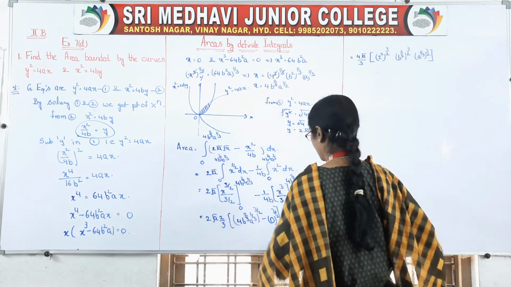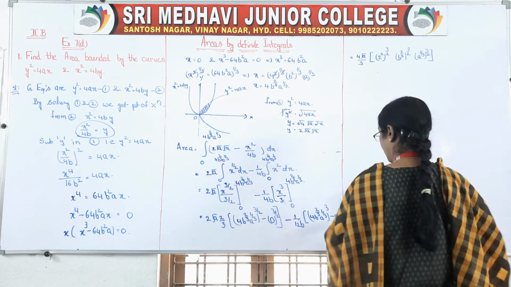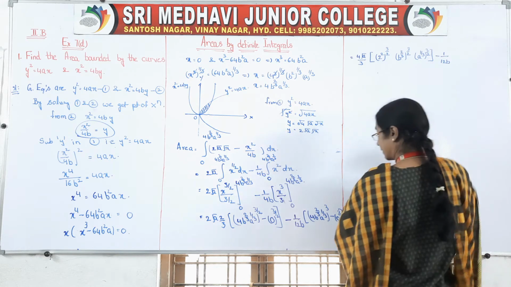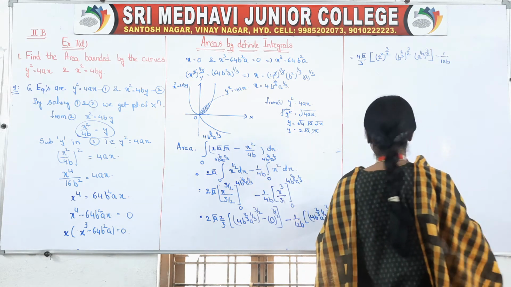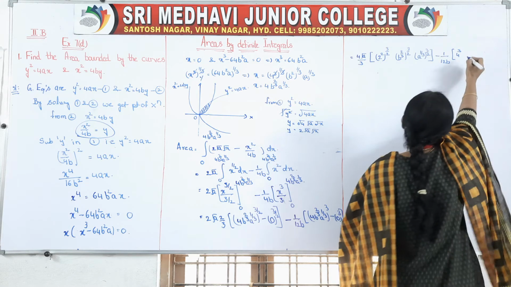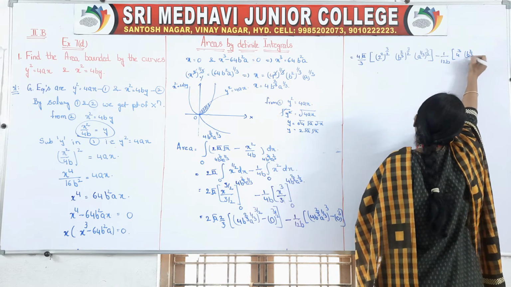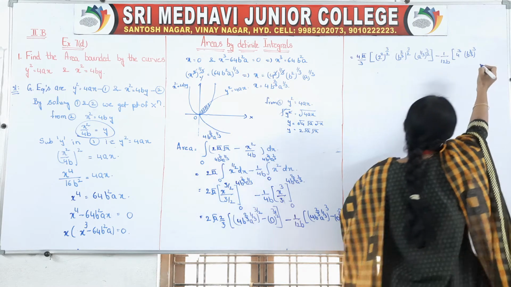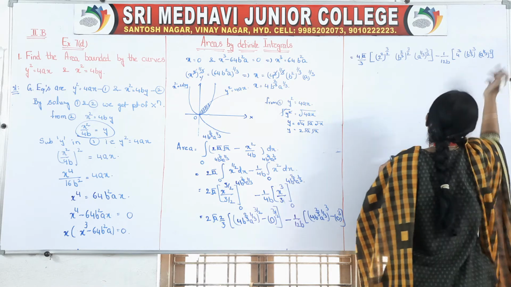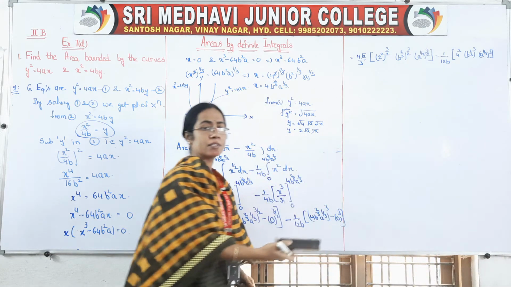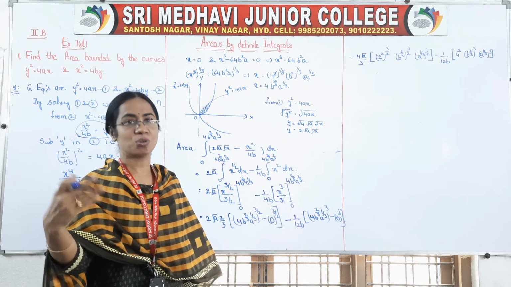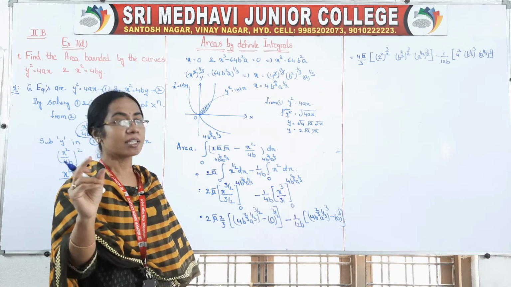No need to take this 0, any power of 0 is 0 only, right? Next, minus 1 by 12b, same thing here also: 4 cube, taking the power separately, b to the power of 2 by 3 whole cube and a to the power of 1 by 3 whole cube. No need to take 0 again. 0 cube is 0, minus 0 means 0 only, that means x minus 0, x only we will take, no need to take that 0 value.